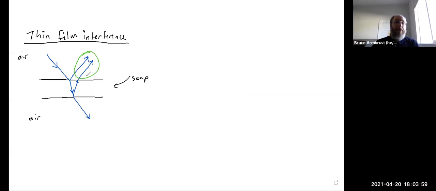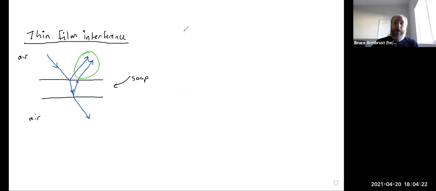Okay, so let's think about what's causing that interference. In order for it to interfere, and let's say we want it to cancel out, we need these waves to be exactly half a wavelength out of phase. And it turns out that can happen in two ways.